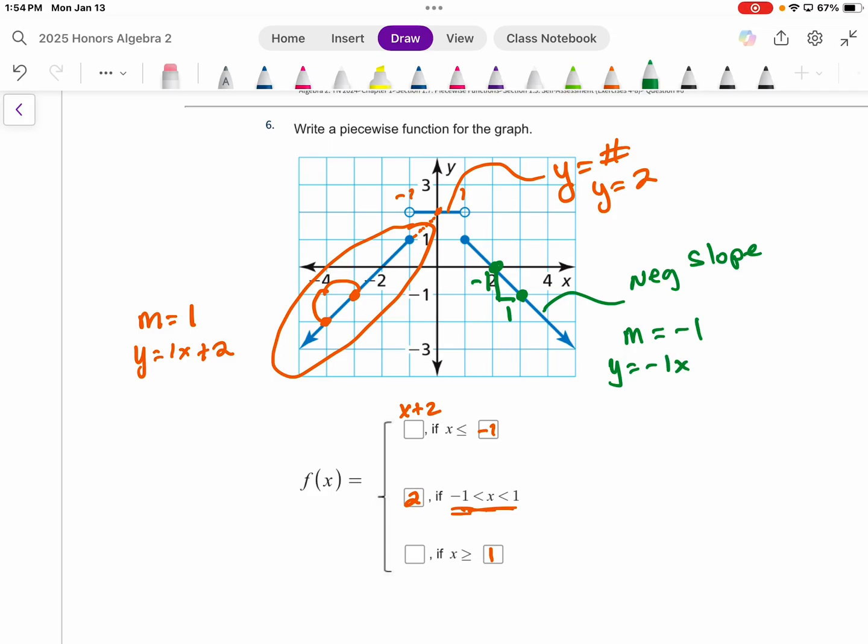So I go back to following the pattern where it has its little dot, and I go backwards to see where it would have crossed the y-axis if it was going all the way up. Well, it's crossing at that 2 again, so at positive 2 for a y value. Then negative x plus 2 is what I would type in for Big Ideas for that equation. Okay?